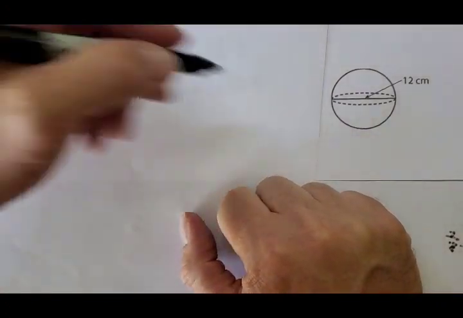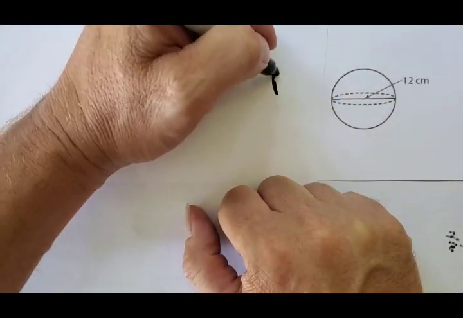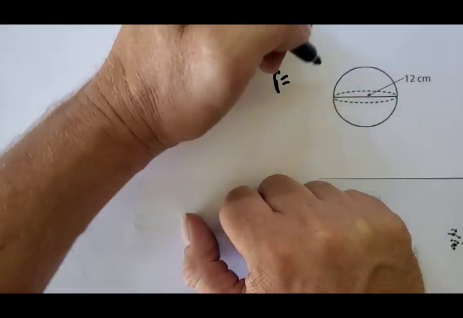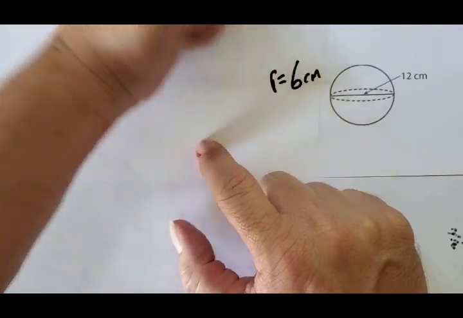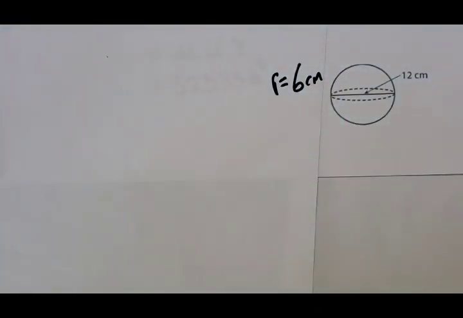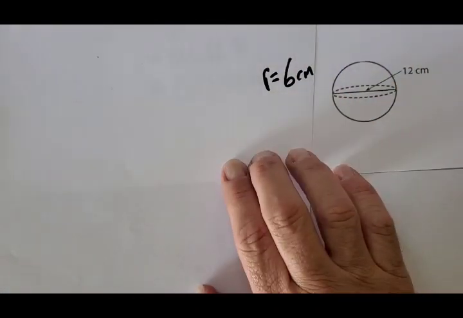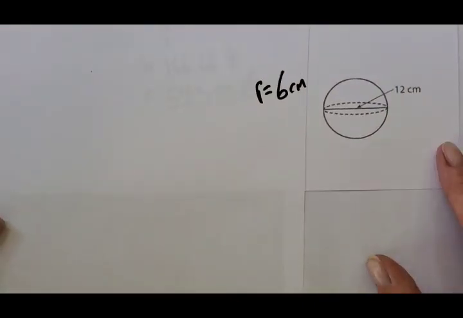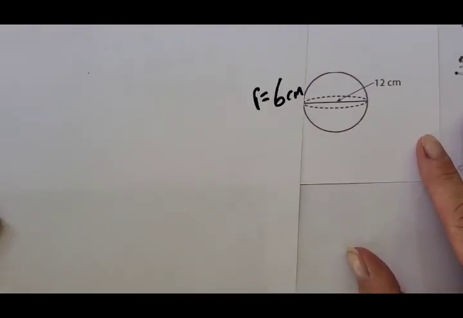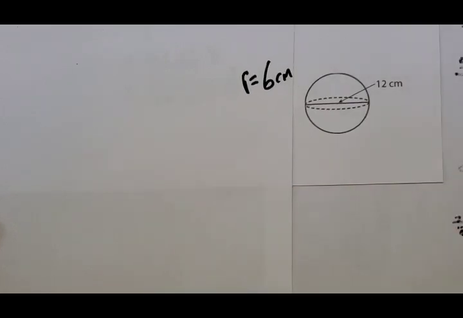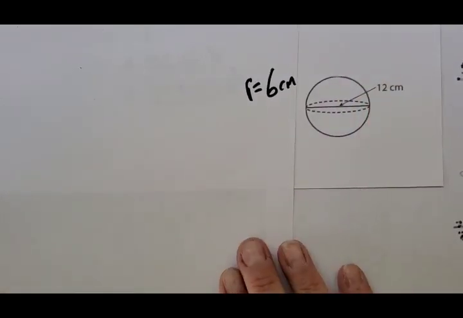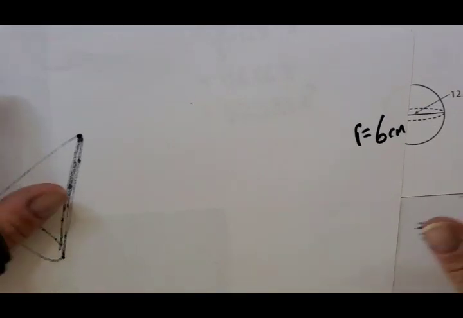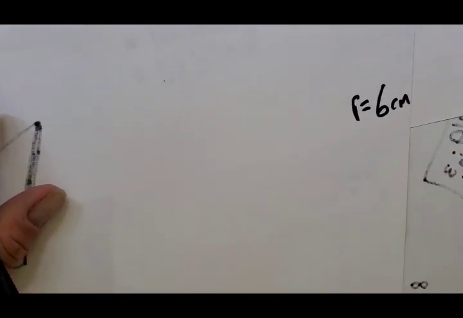I am going to write in front of my face that R equals 6 centimeters. The reason I do that is so I don't just quickly see a number and plug it in. We don't need the diameter. We need the radius, and there we have the radius.